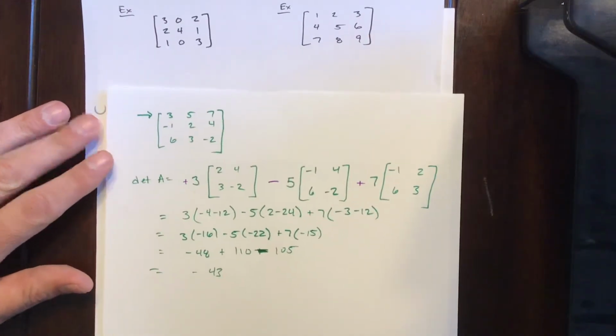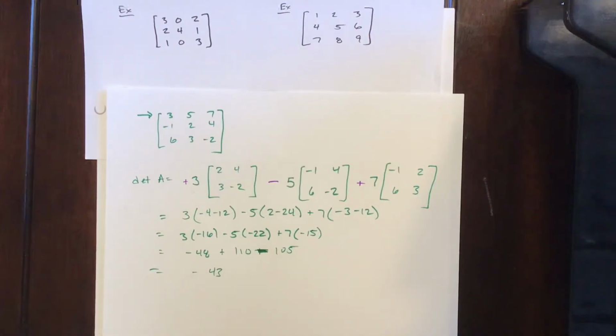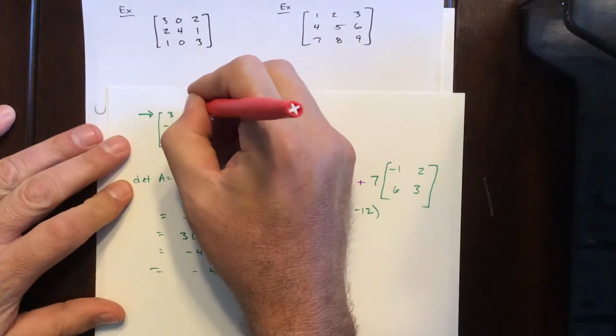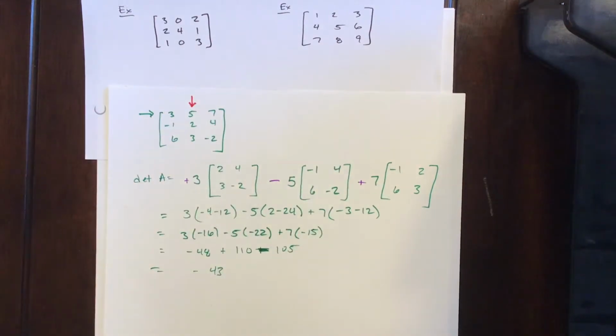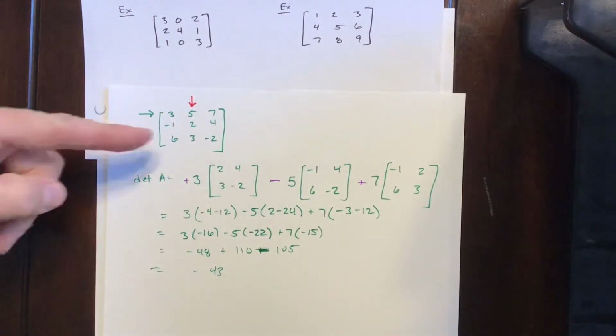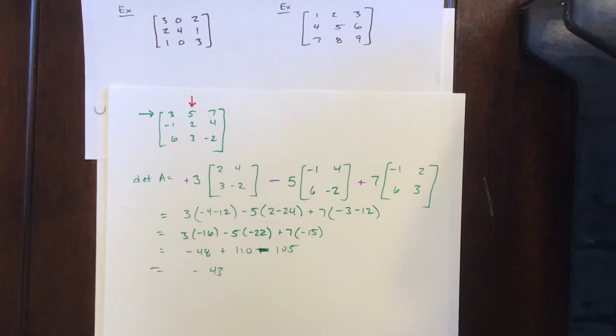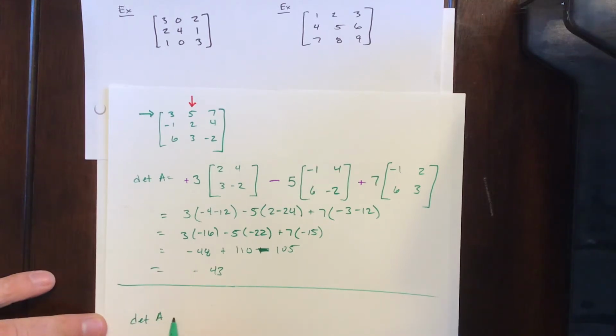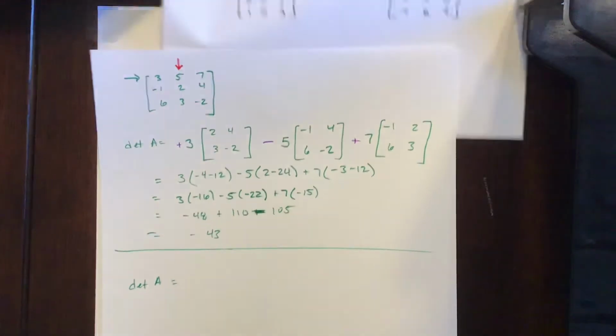Now, the good news is, if we wanted to expand across a different row or a different column, we could do that as well. Let's pick the same example and go down column 2 instead of across row 1. We should get, provided that I do the arithmetic right, the same determinant.